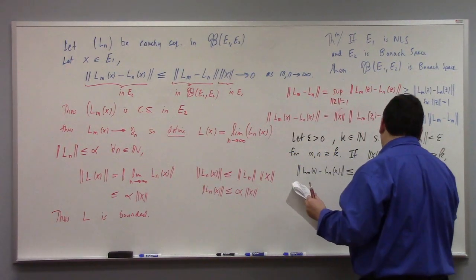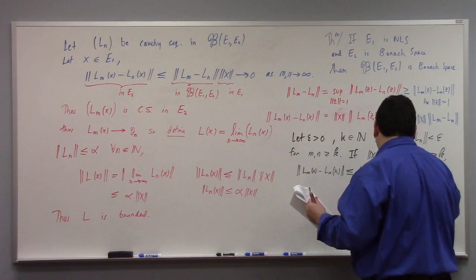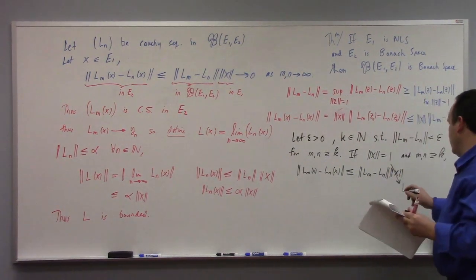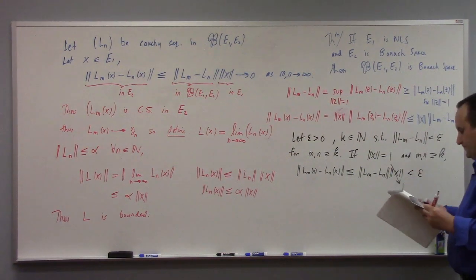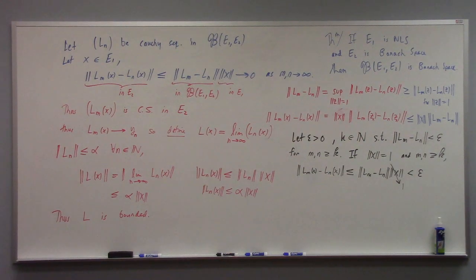But the norm of x here is by assumption 1. So this is straight up less than epsilon, right? All right.